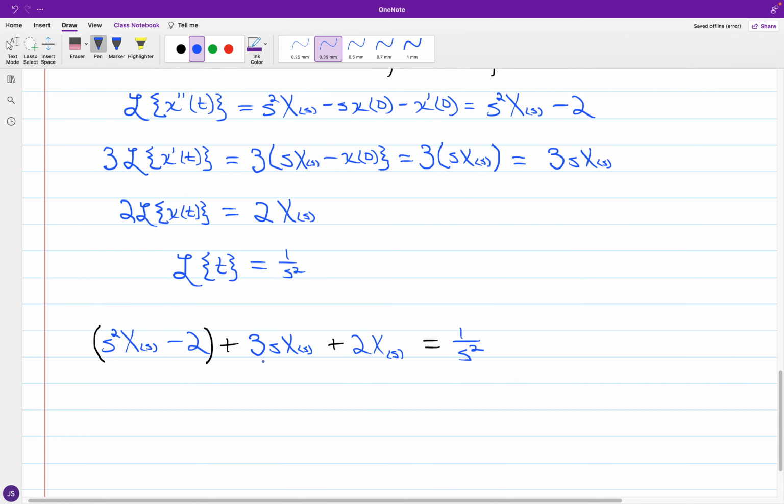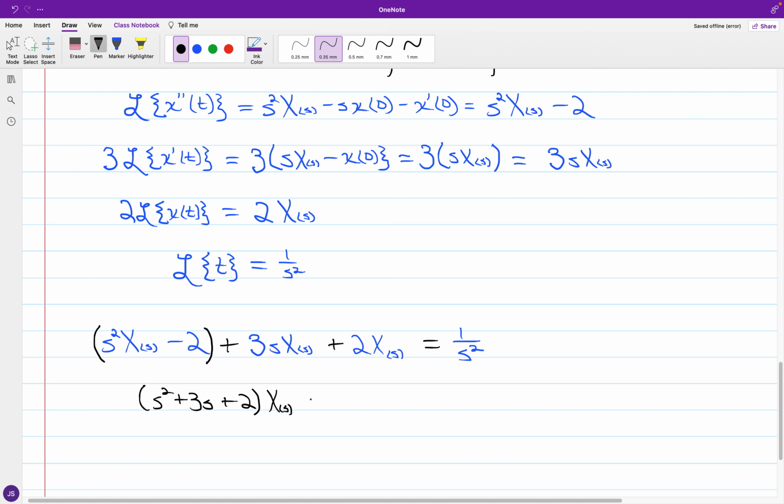And looking at combining what we have on the left-hand side with the Laplace x sub s attached. Okay, so we have s squared and 3s along with 2. And I have times x sub s.